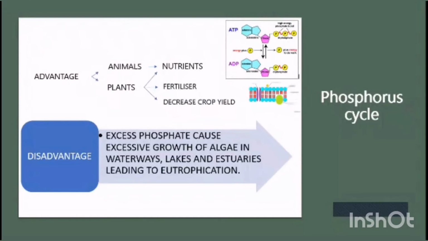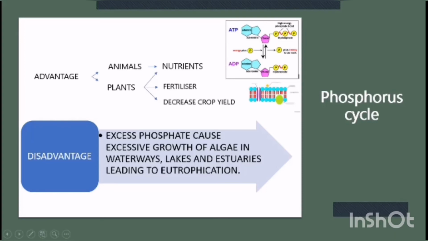For plants, insufficient phosphorus in the soil can result in a decreased crop yield. That is why people often apply phosphate fertilizers on farmland.